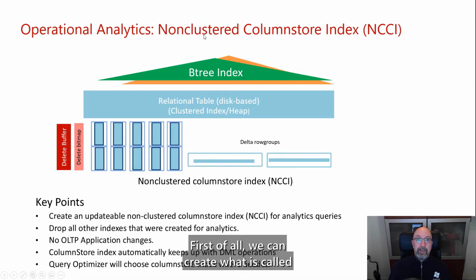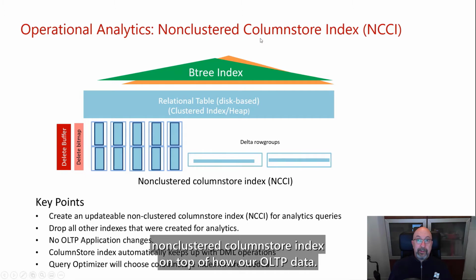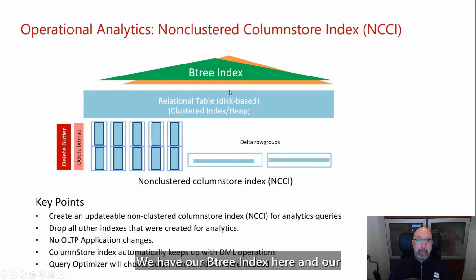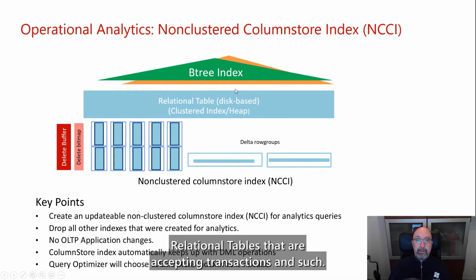So first of all, we can create what is called a non-clustered column store index on top of our OLTP data. So we have our B-tree index here and our relational tables that are accepting transactions and such.